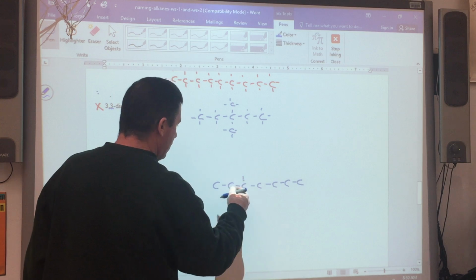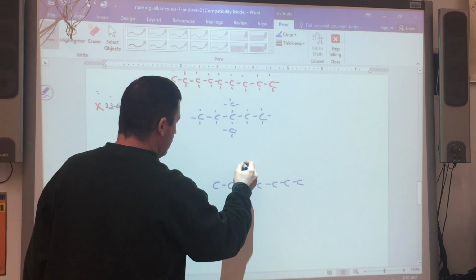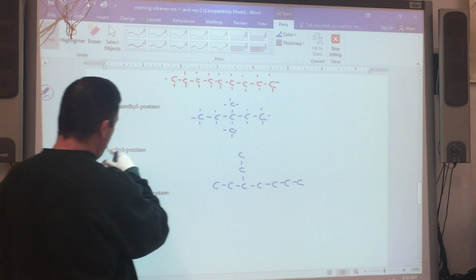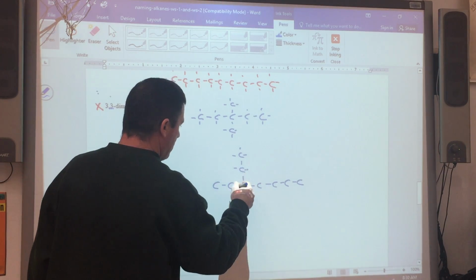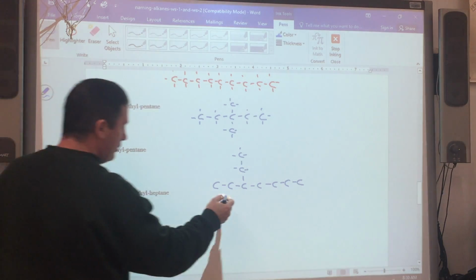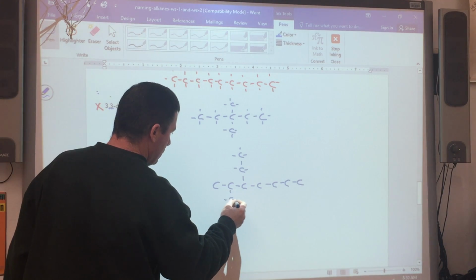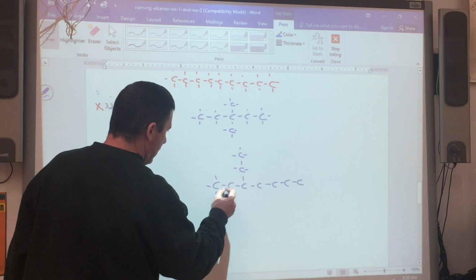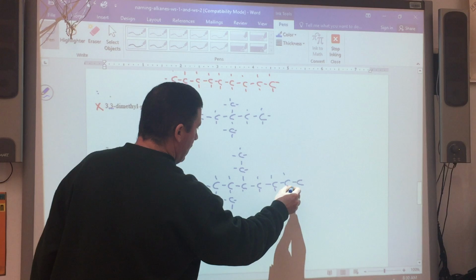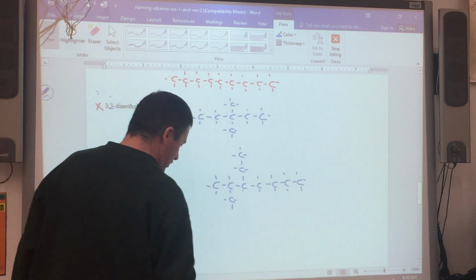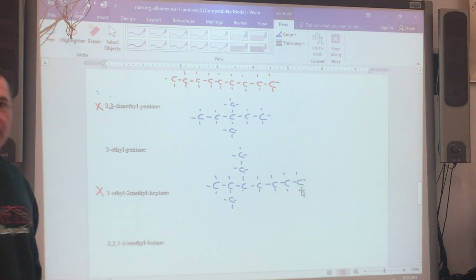Here's the third. Ethyl is 2. I'm going to chew into this part here, but you can stagger them. And 2-methyl. And then fill it in with hydrogens. Make sure each of these carbons has 4 lines around it, indicating it's 4 bonds. All right, second video coming up.